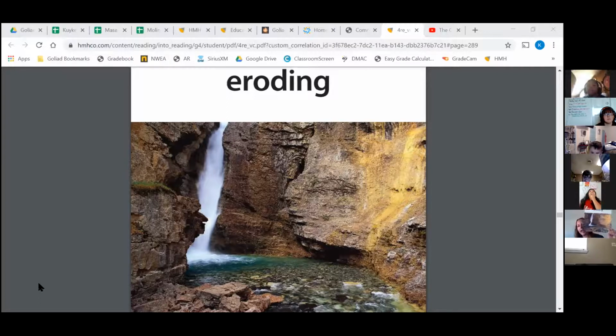And if it's on land and not in a cave, the wind is also helping that process. So it's slowly wearing away, often from wind or water or both. What is our word? Eroding. Okay, good job, guys.